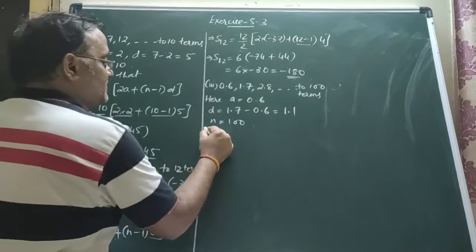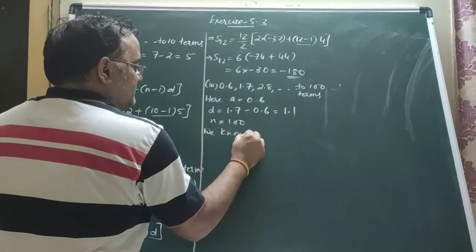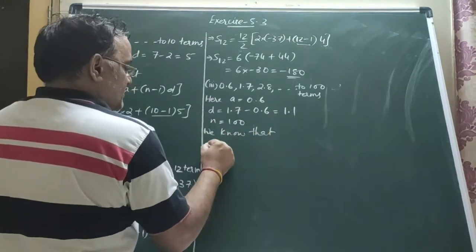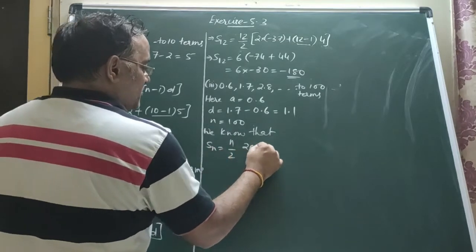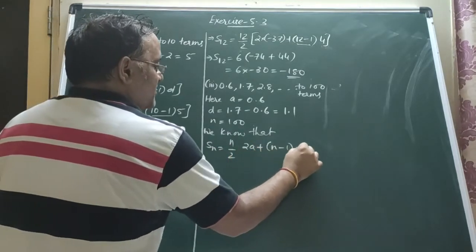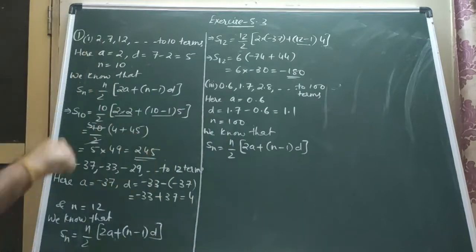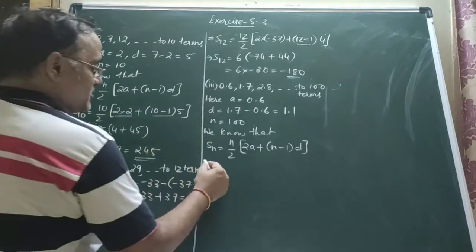Now write the formula. We know that Sn is equal to n upon 2, 2a plus n minus 1 into d. Now substitute all the values.